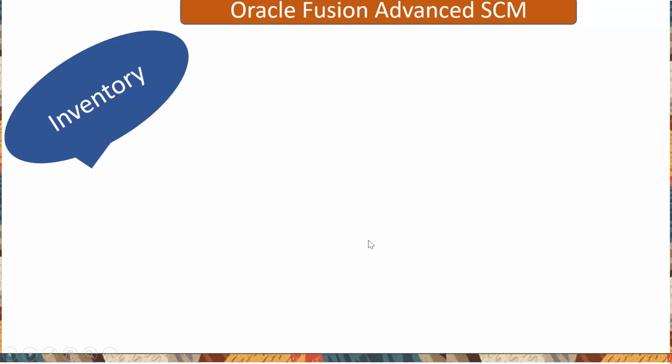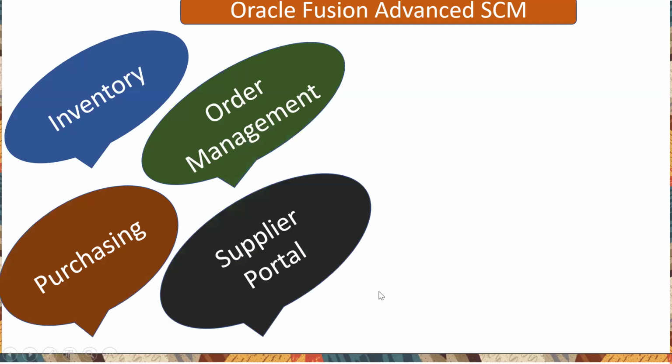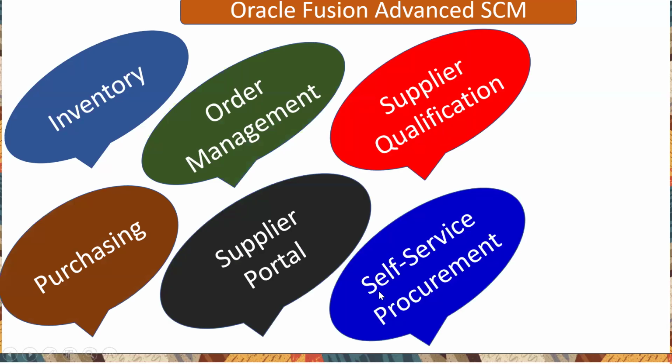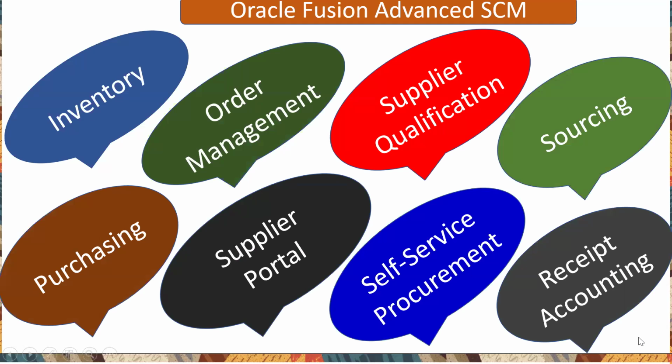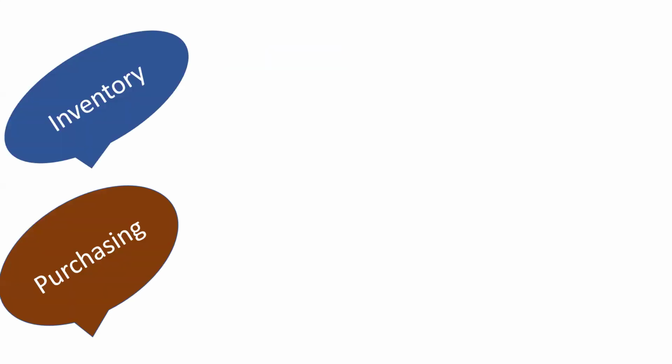Sometimes the clients will ask inventory, purchasing, and order management, supplier portal, supplier qualification, self-service procurement, sourcing, receipt accounting, and cost accounting. So all this they are going to expect. So in our training, we are going to provide all the functional modules end to end, because sometimes they ask these three modules.